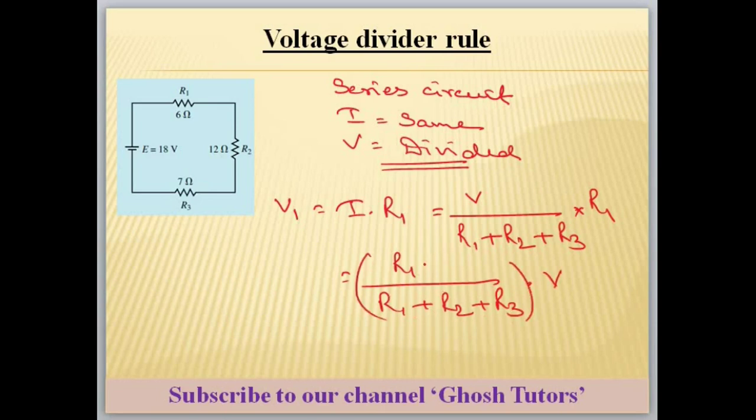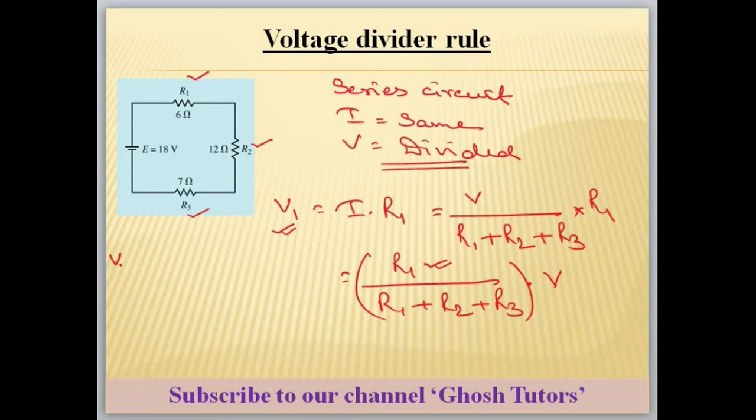It means if R1 is higher, then V1 will be higher. If R1 is lower, then V1 will be lower. It means whichever resistance is highest will have the highest voltage drop. Now this is one question. You have to calculate the voltage across this, this, and this.